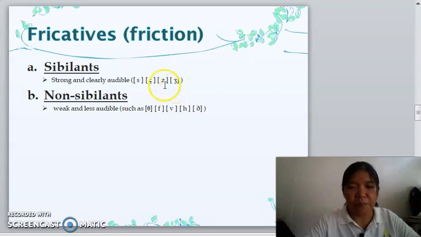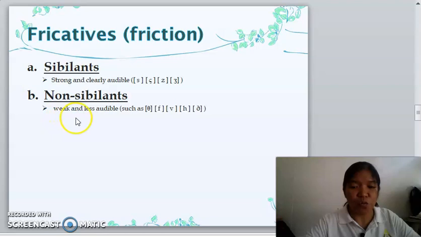S, for example, is please, and then we have choose for SH, zoo for the sound of Z, and we have pleasure, garage for the sound of ZH.